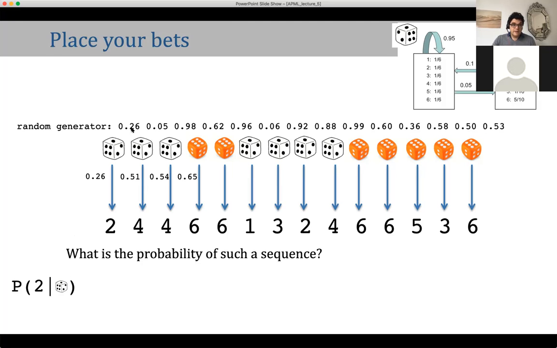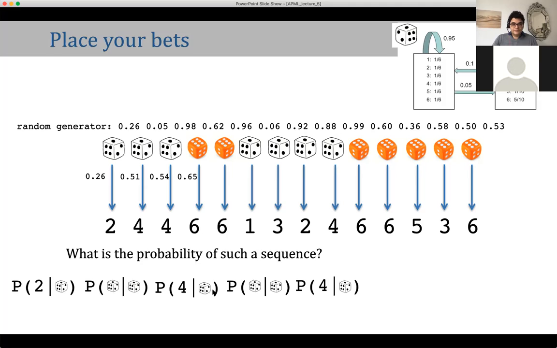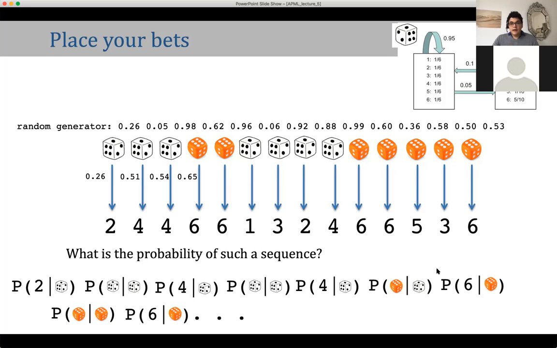Then I multiply that by the probability of moving from fair dice to fair dice. Now I generate a 4, given I have a fair dice. I compute this probability. I do the same for the next one. I move from fair dice to fair dice, and I generate my 4. And etc. Then I move from fair dice to loaded dice, this probability, and etc., etc.